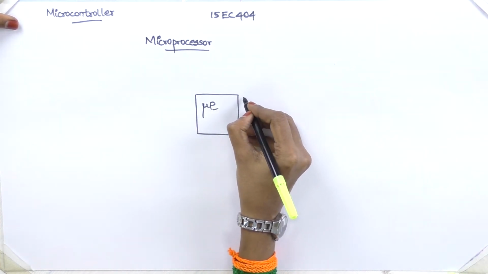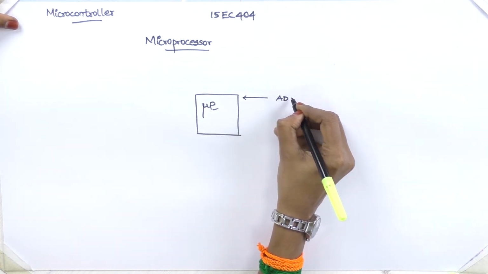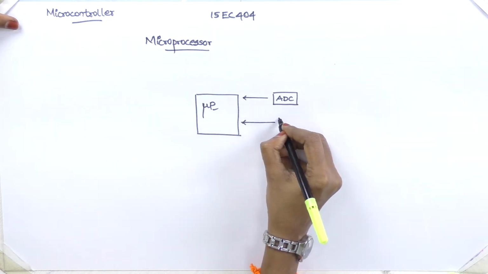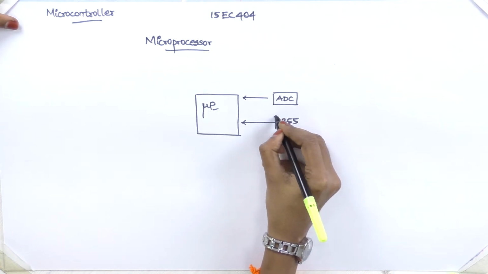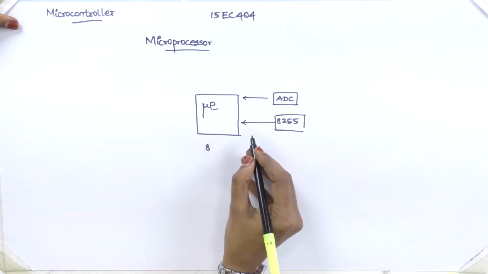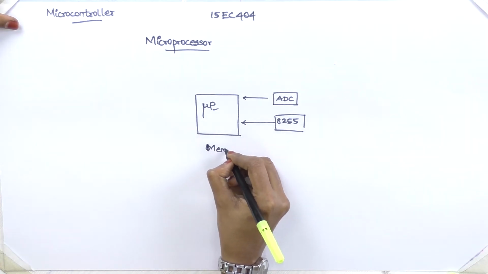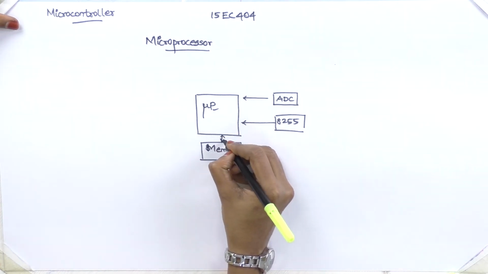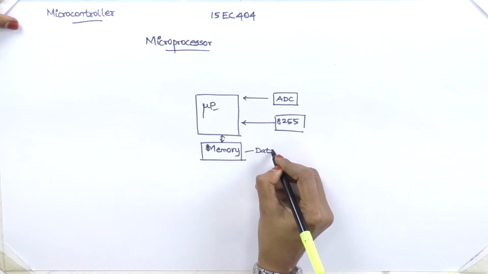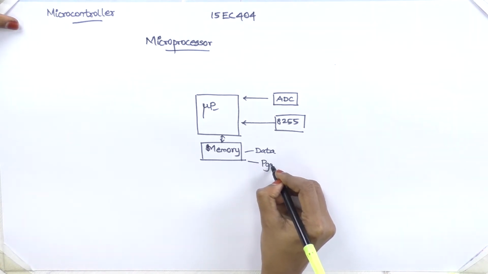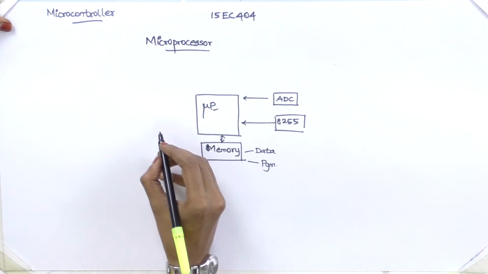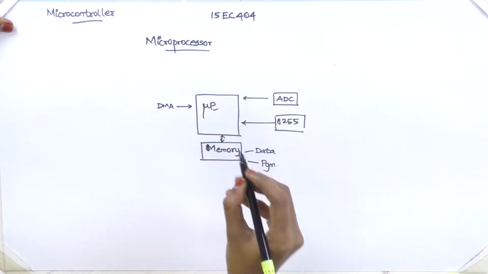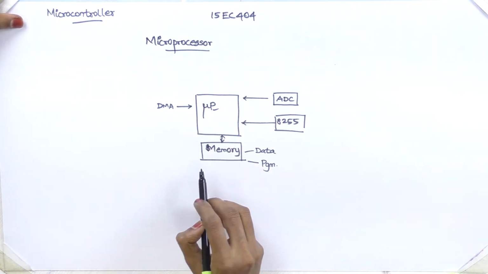With this you have interfaced the peripheral devices: analog to digital converter, 8255, 8237, then memory. Memory we use to store data as well as the program. And what else have we interfaced? Other peripheral devices also, the DMA controller.